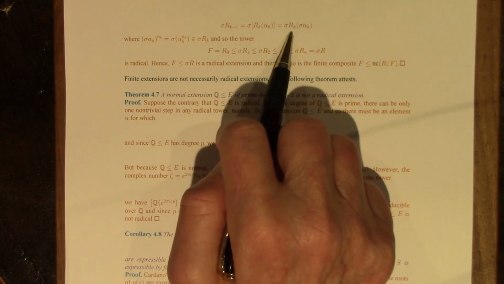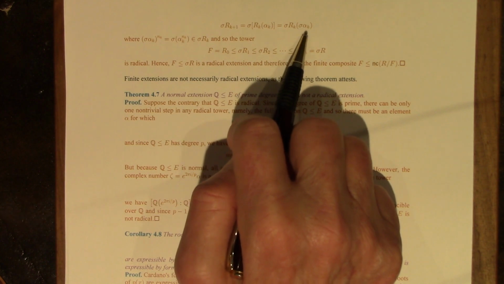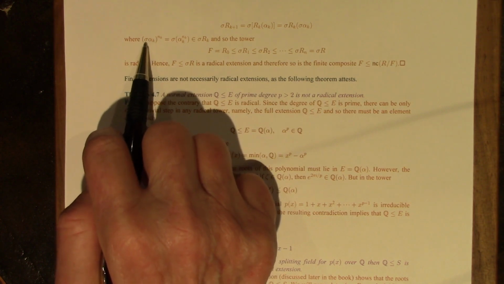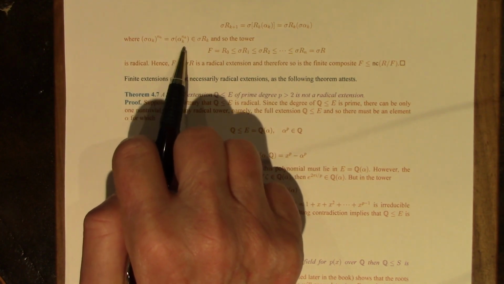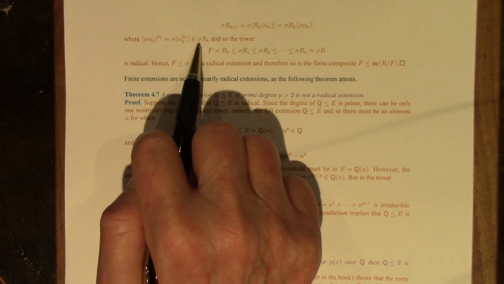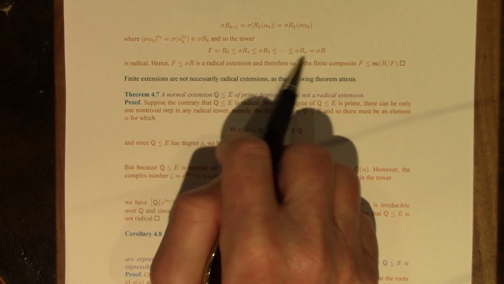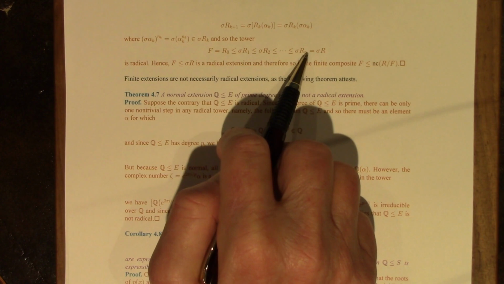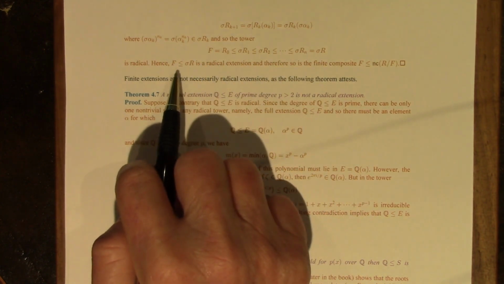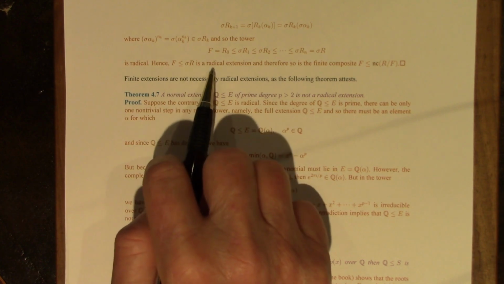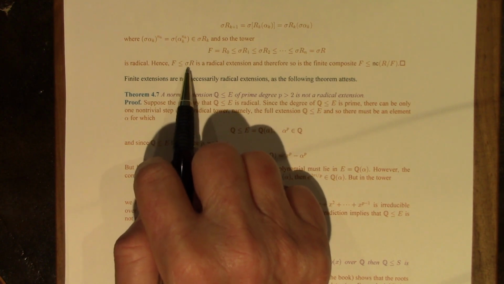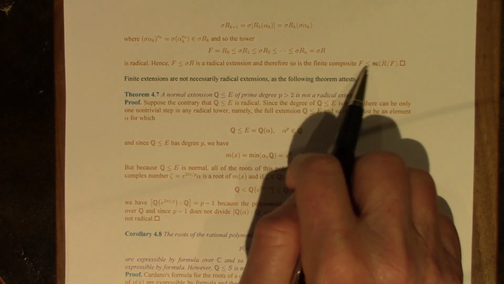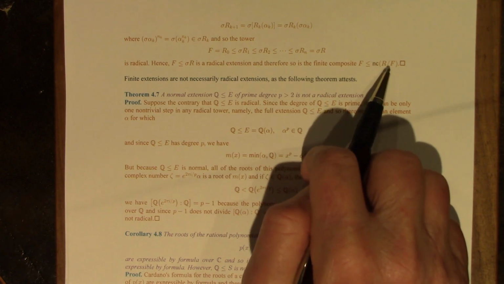And sigma(alpha_k) raised to the n_k power is sigma of alpha_k to the n_k, which belongs to sigma(R_k). And so this tower is also radical. So F sigma(R) is a radical extension, and therefore so is a finite composite of things that look like that. In other words, so is the normal closure of R over F.